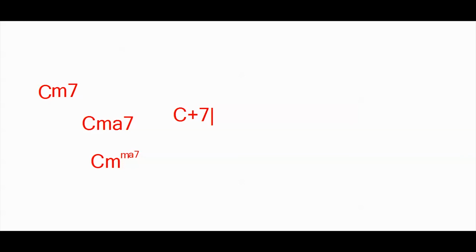C augmented 7. That means I have a C augmented triad with a minor 7th chord. That's actually not a terribly uncommon chord if you're playing jazz. You might see it notated differently. You might see this notated actually as a C7 sharp 5. Sometimes you see that in jazz notation. They're pretty much the same for our purposes.